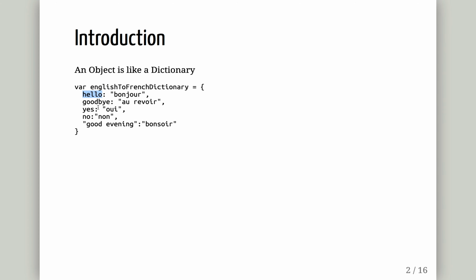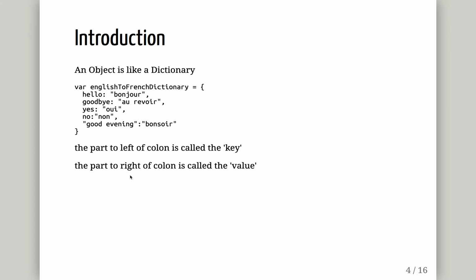Notice that this is JavaScript here. Notice that sometimes the left part has no quotes, sometimes the right has quotes. We'll talk about that more. The part to the left of the colon, the two dots on top of each other, is called the key. The part to the right of the colon is called the value.